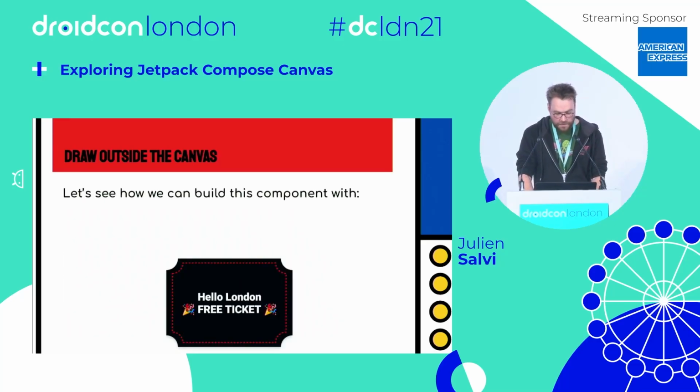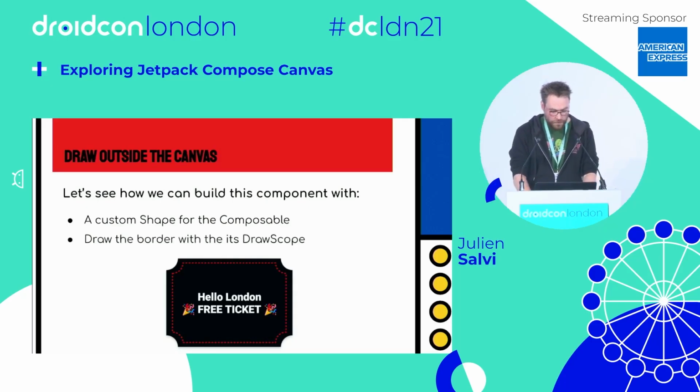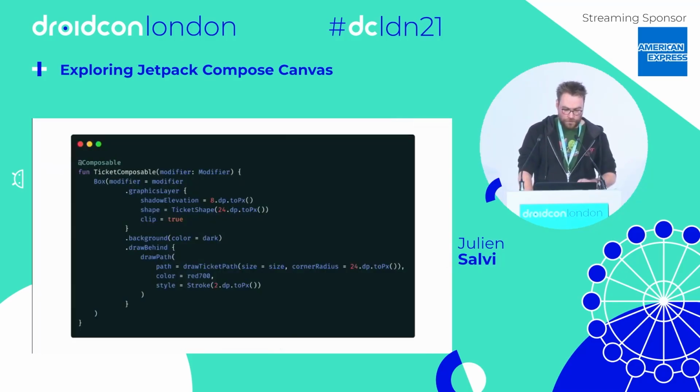So let's see how we can build much more complicated stuff, like a cinematic edit here. We're going to know how to use the shape API from Compose, and we're going to see how we can use the path to draw that shape. Okay, so we're going to have our ticket composable here. I'm going to access the graphic layer in order to set the shape, the new shape I will be creating just afterward.